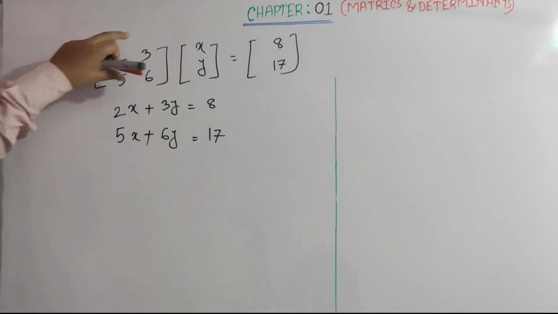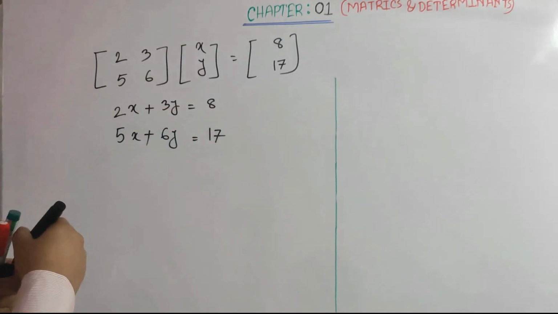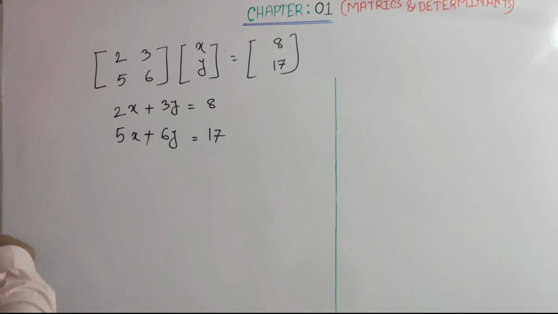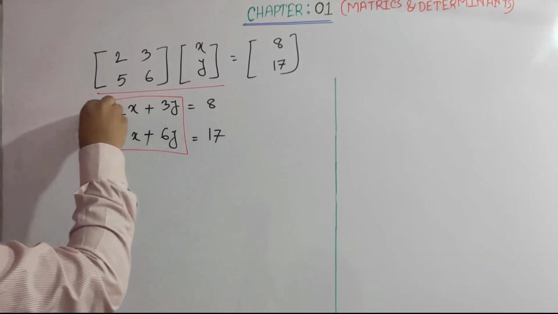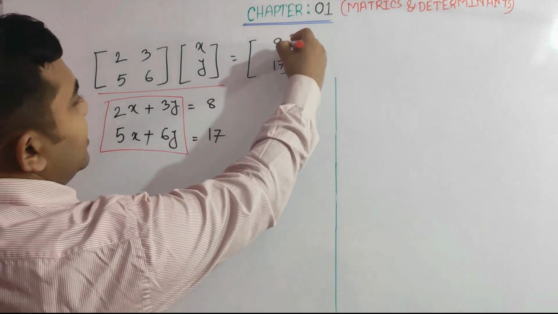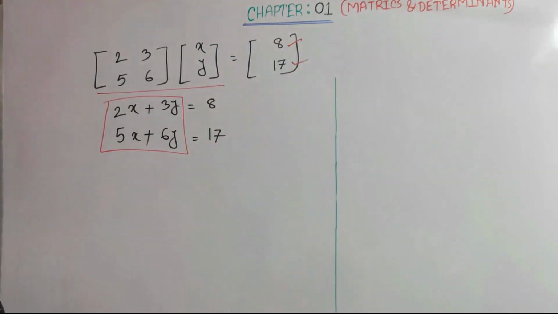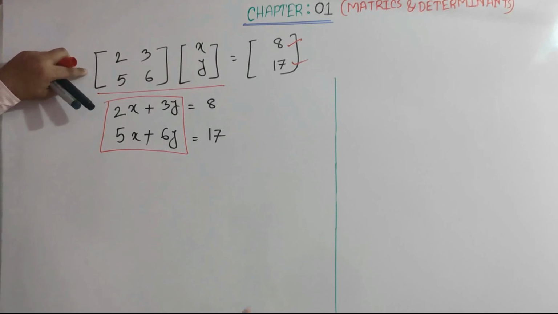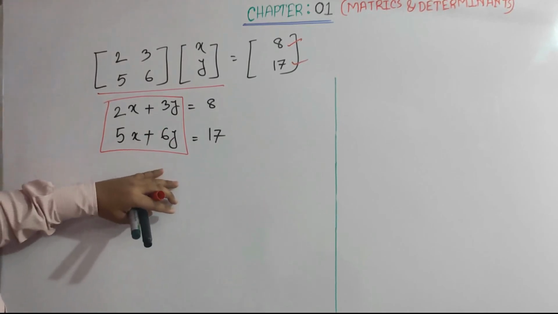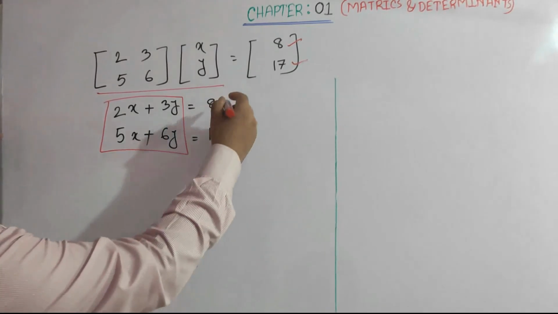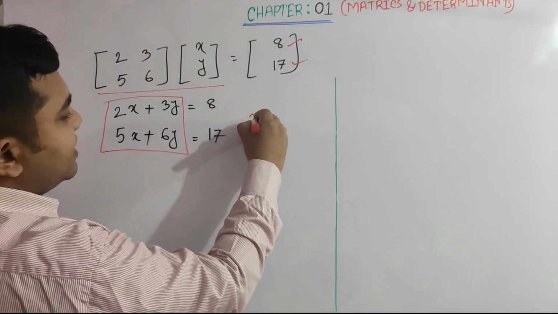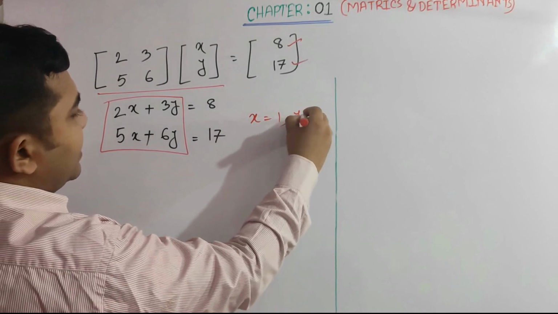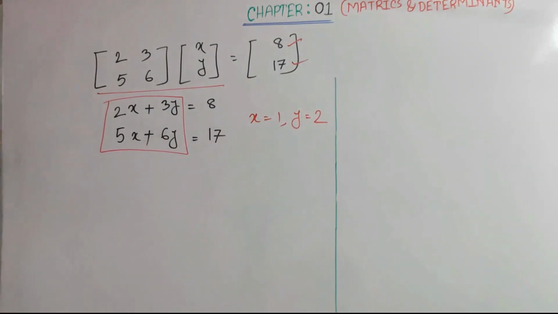So from these two matrices we can write this part, and if we multiply, we get this, and from here these two can be equal. If we calculate, then we can get the value of x is 1 and the value of y is 2.